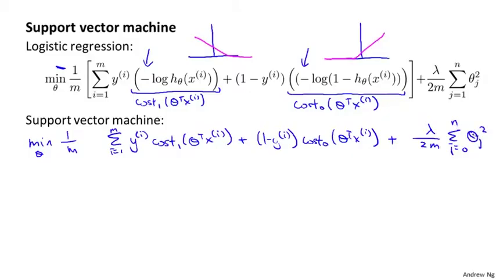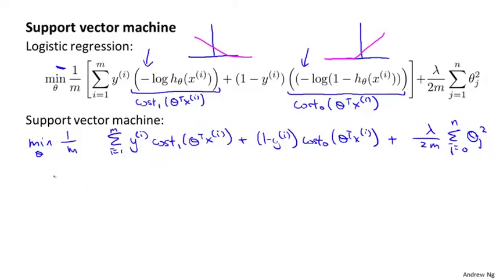Now, by convention, for the support vector machine, we actually write things slightly differently, or we reparameterize this just very slightly differently. First, we're going to get rid of the 1 over m terms, and this just happens to be a slightly different convention that people use for support vector machines compared to for logistic regression.